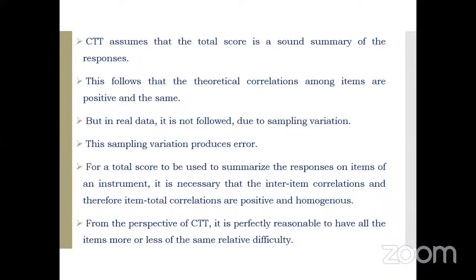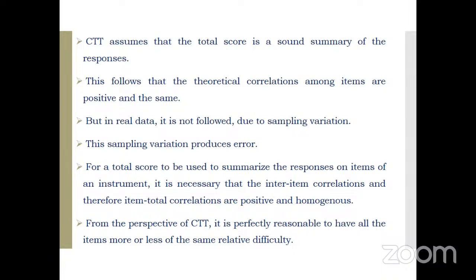In real data, we get a lot of random error because of sampling variations. You get people from different backgrounds, different cultural backgrounds, and there are many other demographic factors which might be affecting. Due to all these sampling variations, we do not get any specific pattern in the responses, and this produces a lot of error.